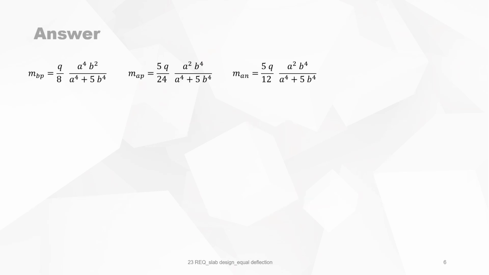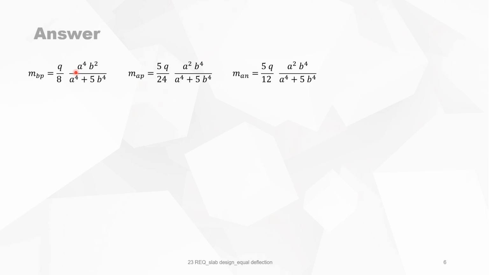Now, we want to calculate the needed depth of the slab under the given load, but we got 3 bending moments. Of course, we will use the biggest bending moment to determine the needed depth of the slab. Looking very carefully at those formulas, you will see that this portion is always equal, and it differs. The biggest difference is in a squared and b to the power 4.